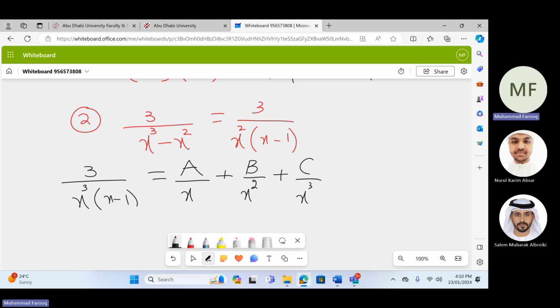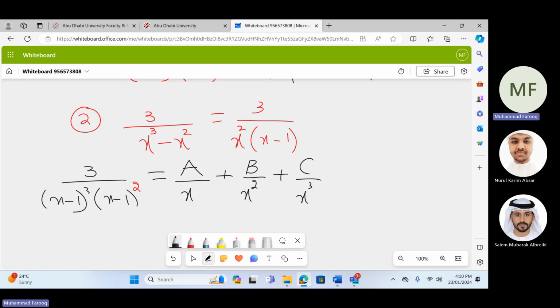Can this be, instead of x squared, x minus 2 squared? Yes, the point is the same. This is x minus 1 with power 3, for example.